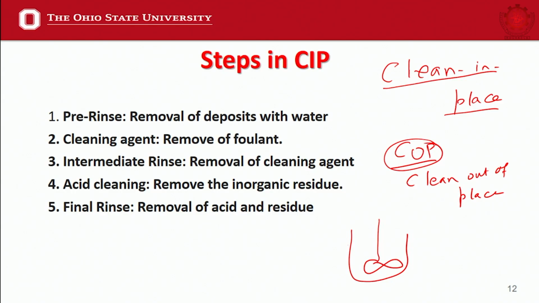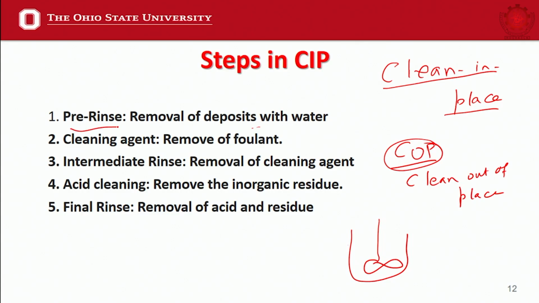So, the idea here is you do it without disassembling, starting with a pre-rinse step. There is a sequence of steps. First, you take that pasteurization or aseptic processing equipment, and you just rinse with water. If you are processing some soup, you may have residue soup left inside the equipment surfaces, so you clean them by rinsing with water.